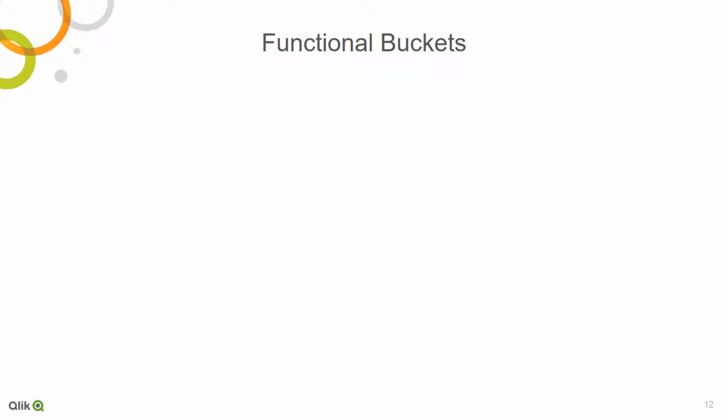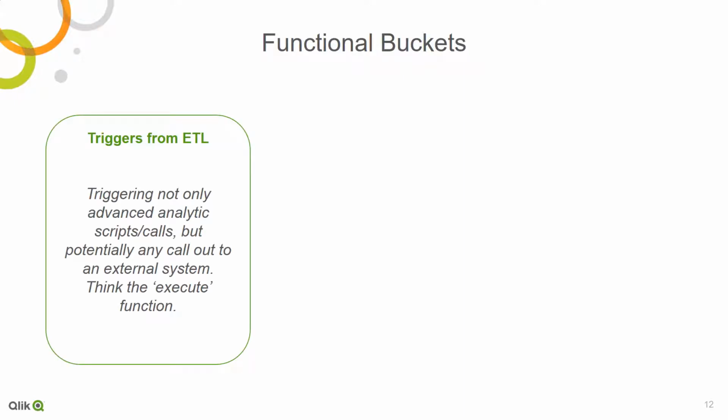Now, in my personal opinion, I see three functional buckets and use cases for server-side extensions. Again, other people's opinions might be slightly different, but what I've found is, number one, at the root, quite frankly, this isn't what server-side extensions were designed for, but it does fill a gap. So for any of you QlikView gurus or even Qlik Sense with legacy mode, there was the ability to use what was called the execute command, where you could trigger a command line task to run.